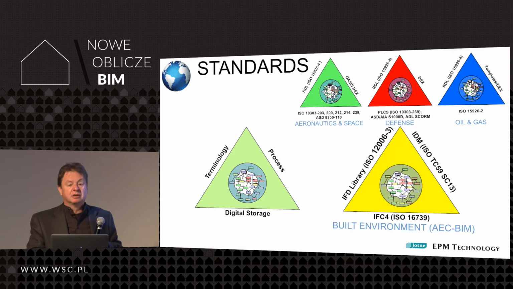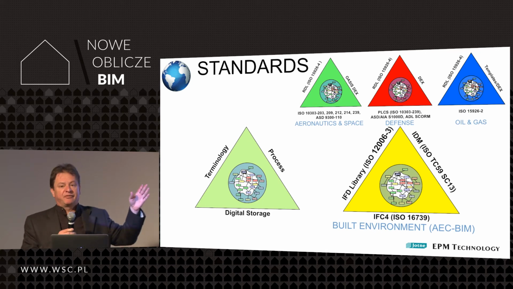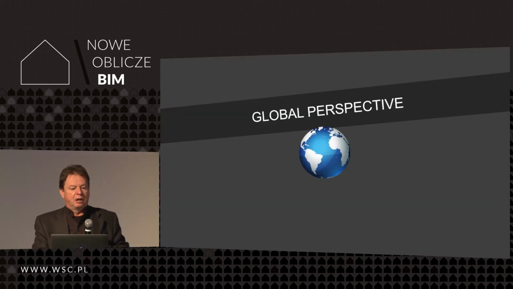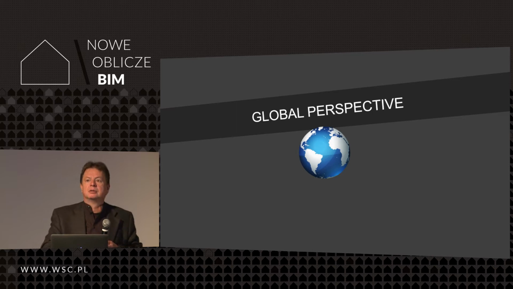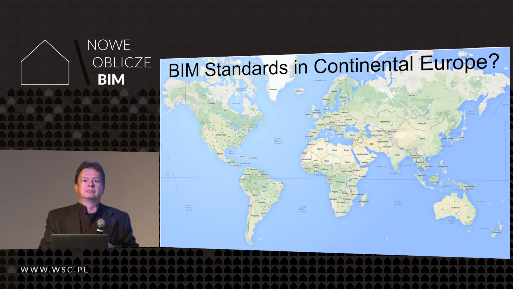And finally, standards have arrived for the built environment, for the AEC industry. These standards are developed by each country. What do you think, how many nations have BIM standards in continental Europe?